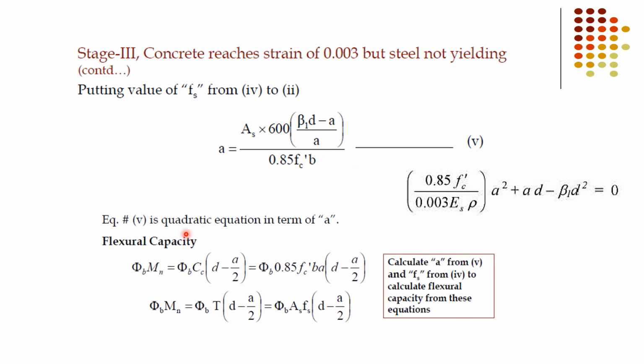After getting the value of a, you will put it in the basic equation 0.85 fc' b a (d minus a by 2). When you use the compressive force, or when you are using the tensile force, you can use As fs, not fy, times (d minus a by 2) for calculating the moment capacity.